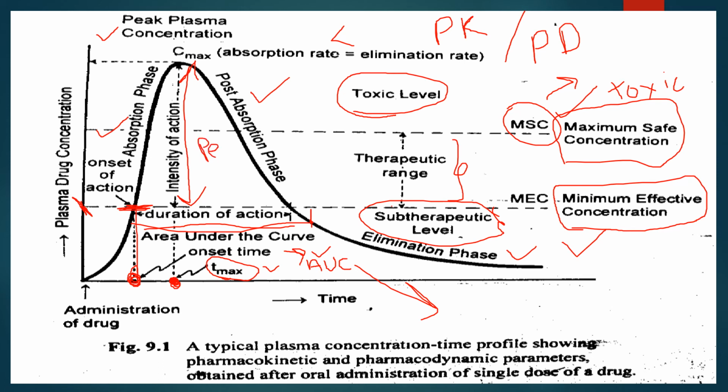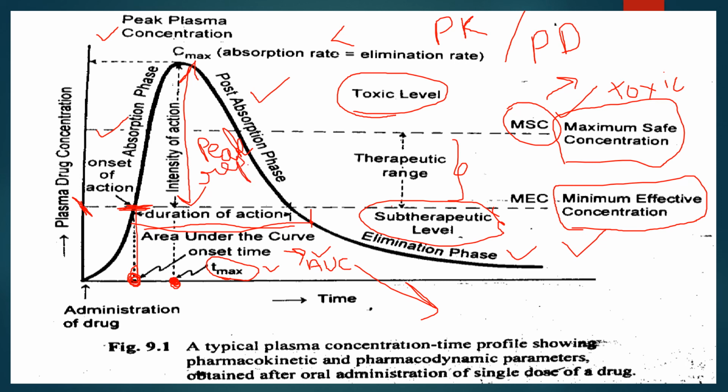Okay. So, what is the intensity of the action? It is the maximum pharmacological response produced by a peak plasma concentration of the drug. Peak response. Okay. So, these are the definitions.